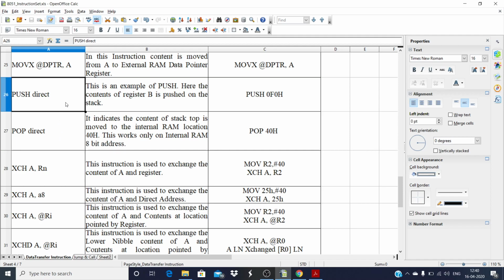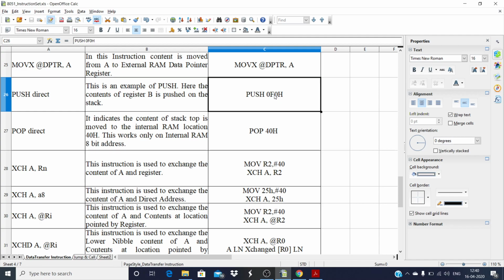This is an example of push. First of all we'll see the example. PUSH 0F0H. Now what is this 0F0H? In the starting of the video I have shown you one diagram, the SFRs and the addresses of the SFRs.